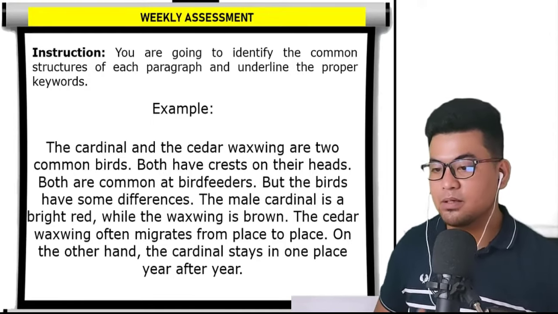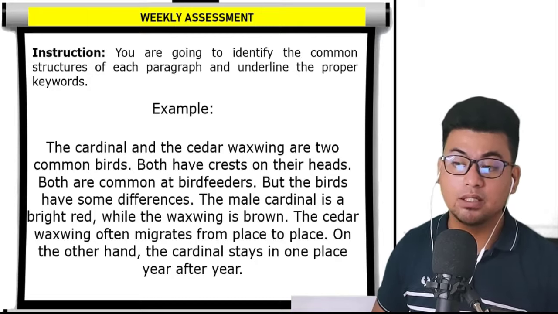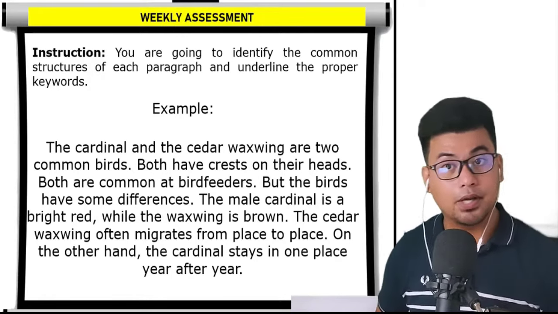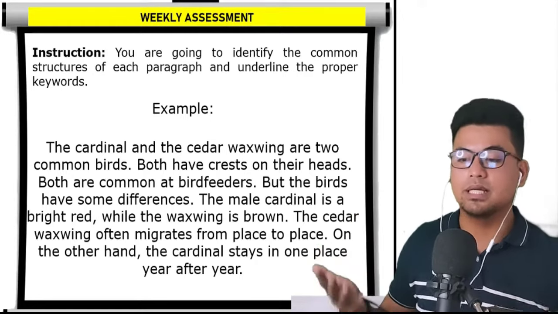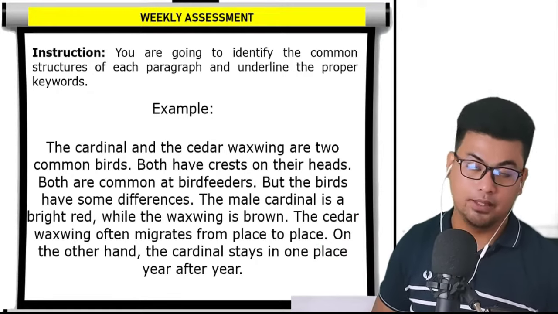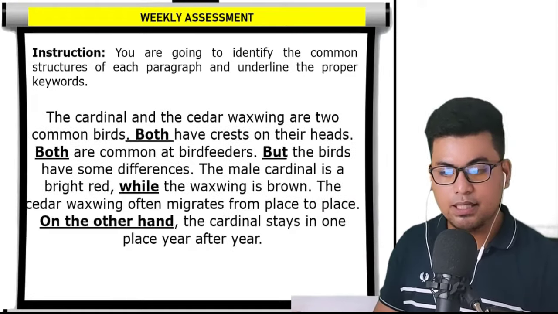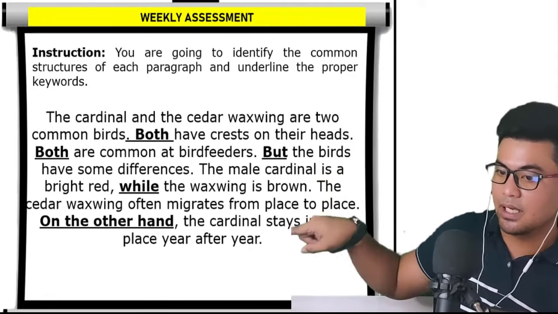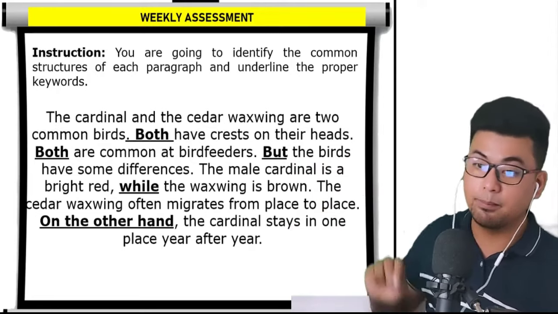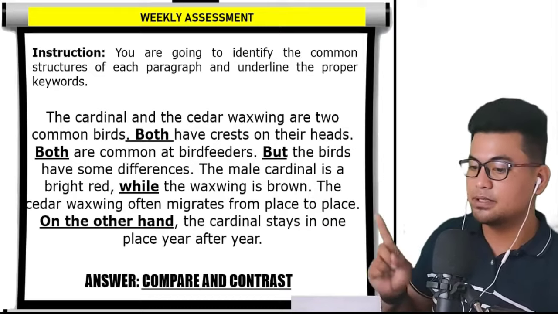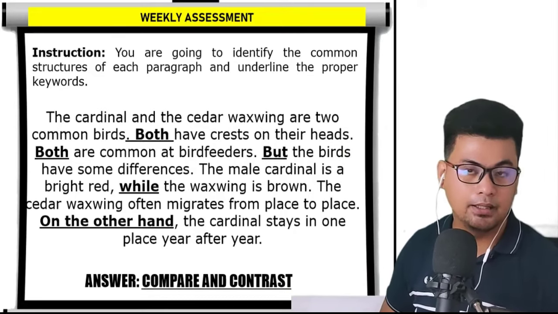So for your weekly assessment, you are going to identify the common structures of each paragraph and underline the proper keywords. For example, let's go back to the cardinal and the cedar waxwing. Those are common words, and as we can see, here are the underlines. You are going to underline the proper keywords for this, and of course, the answer for this paragraph is the compare and contrast.